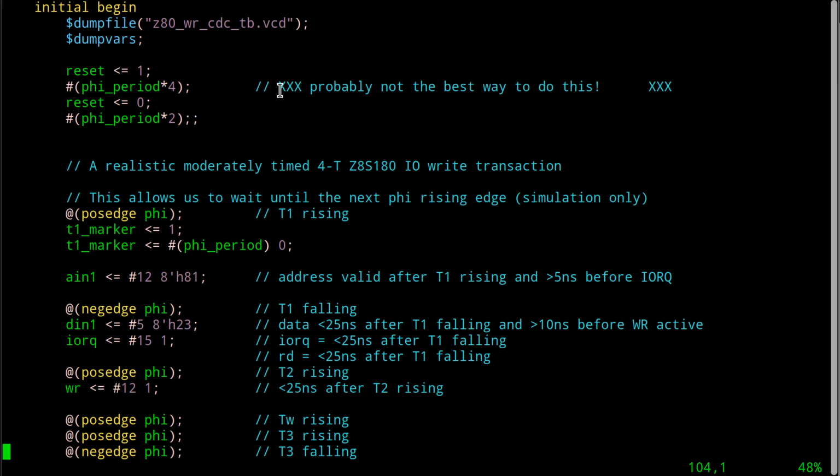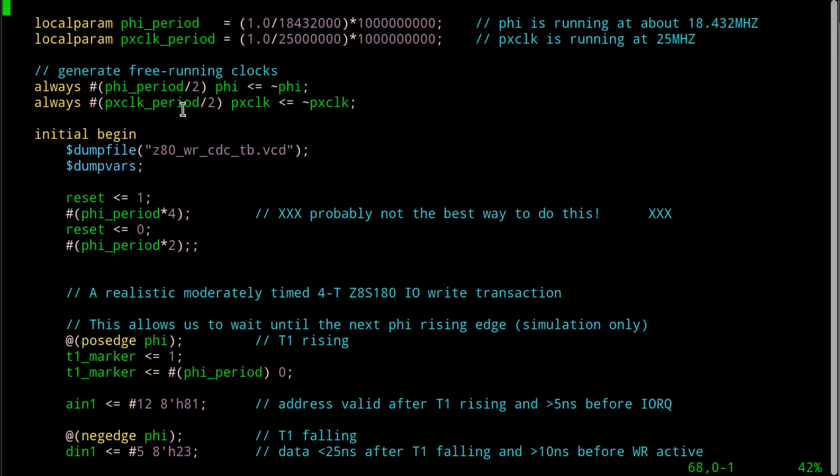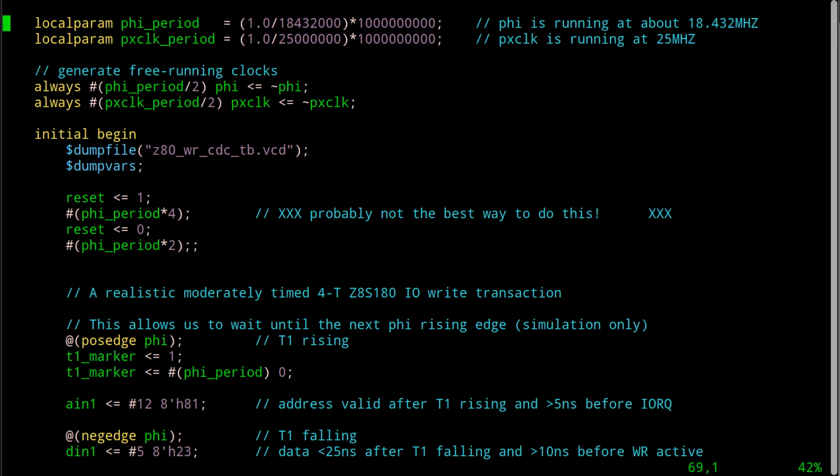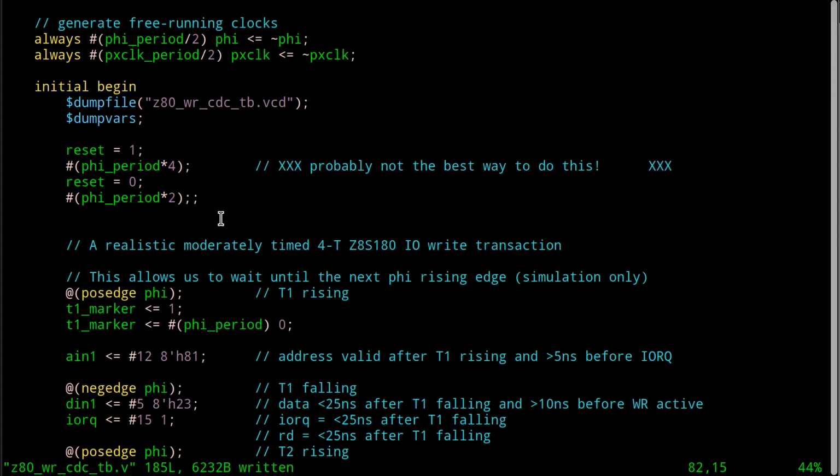Okay, so what's dubious about this? So this looks a little bit like how I very often write my test benches. Let's look at what the difference is between this and this, okay? Let's start with this. Let's say you wrote this. What happens? Well, there's no delay here, and this starts when the simulation starts at time 0, okay?